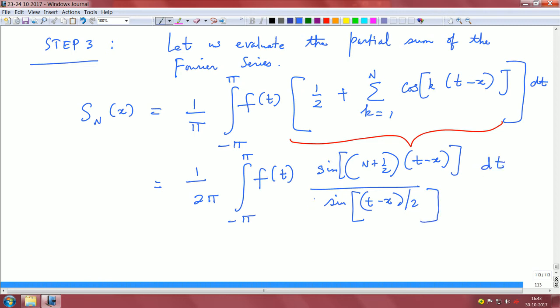The 2 factor that appeared, I just pulled it here. Just observe this 2 here, it is a factor of 1 upon 2 here. That 2 I am pulling it at this step.